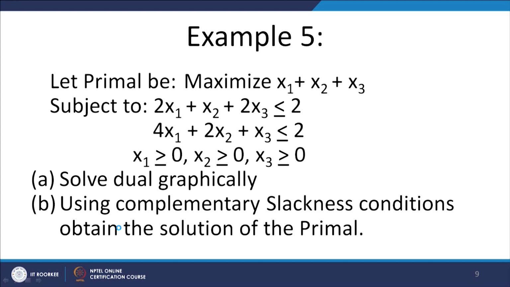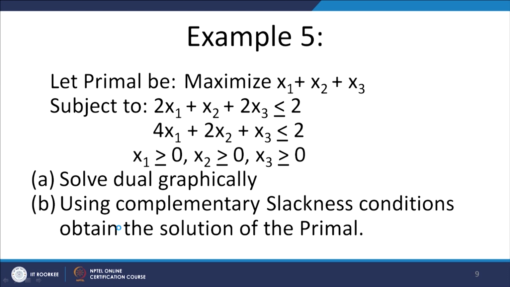So, the next question is we want to find out, if the primal is given to be maximize x1 plus x2 plus x3 subject to twice x1 plus x2 plus twice x3 less than or equal to 2, 4x1 plus 2x2 plus x3 less than or equal to 2, x1, x2 and x3 are all greater than or equal to 0.